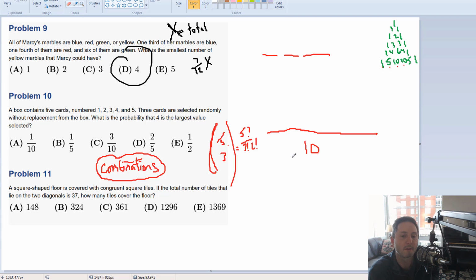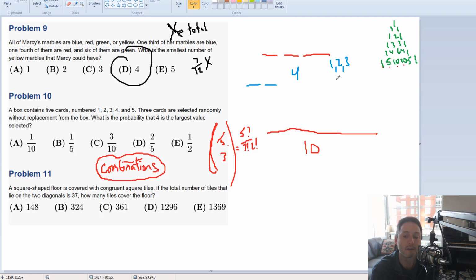Now, how many of those ways have 4 as the biggest? Okay. So let's change our color a little bit. We're going to have a 4, and we're going to have 2 others. So what it boils down to is how many ways can I choose 2 out of the numbers 1, 2, and 3? Because remember, we can't have a 5 in there. 4 has to be the largest.